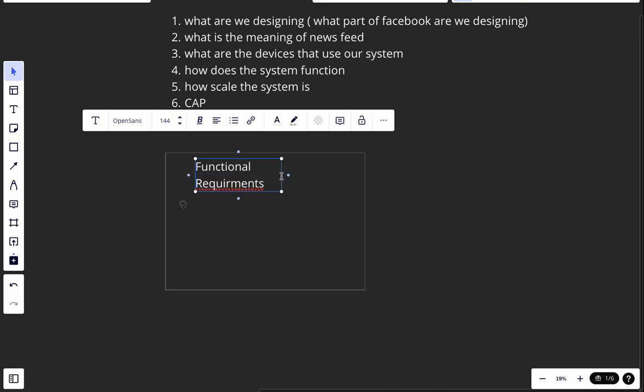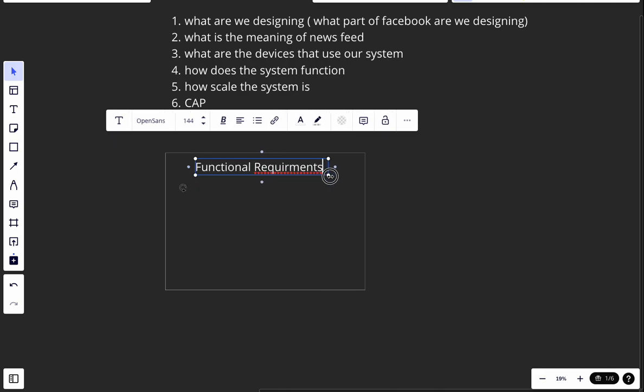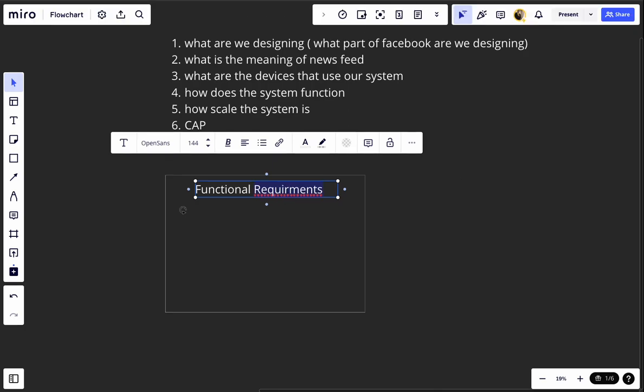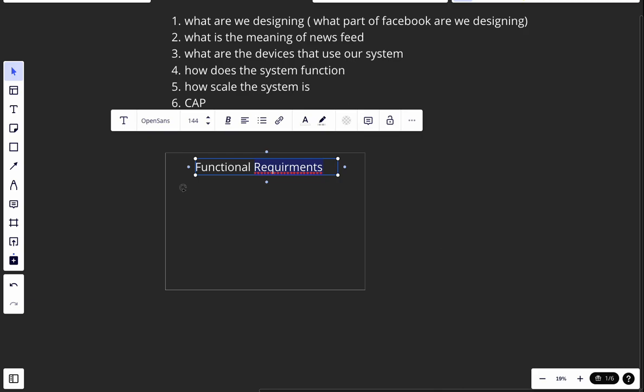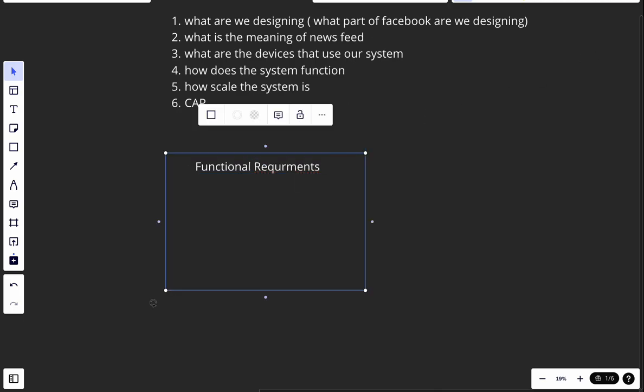Requirements. I guess I did it right. I guess this is wrong because I don't like to make any wrong requirements.